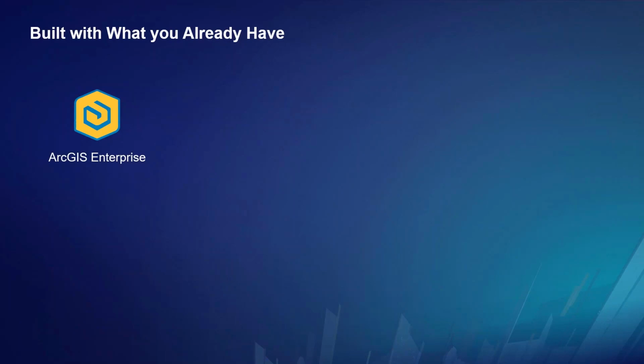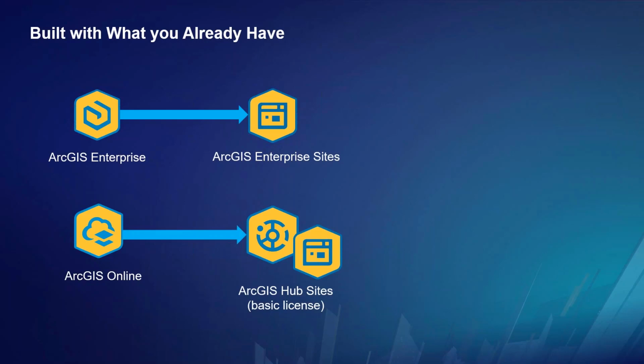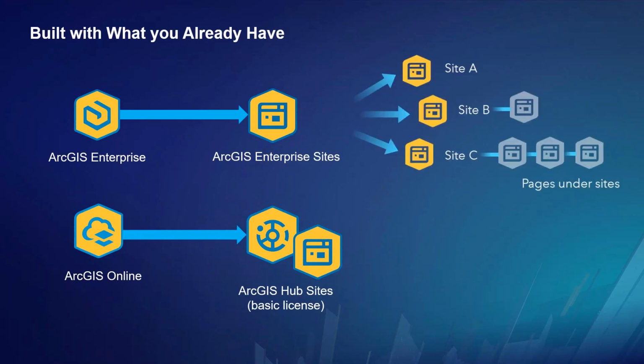So how do you get access to ArcGIS sites? Well, if you're an organization that uses ArcGIS Enterprise, you already have capabilities to create ArcGIS Enterprise sites. Or if you have an ArcGIS Online organization, you also have capabilities to create these ArcGIS sites.